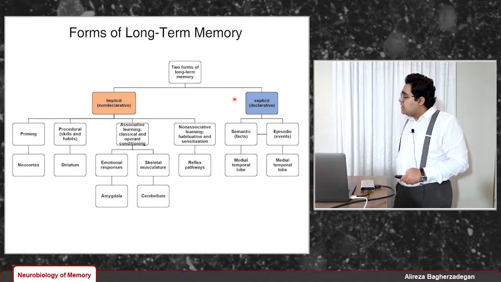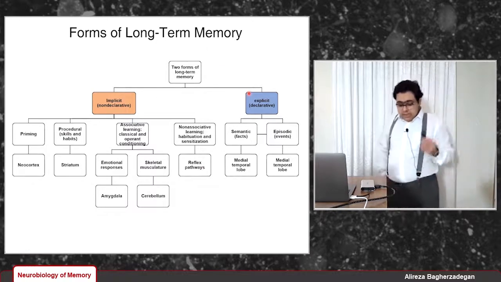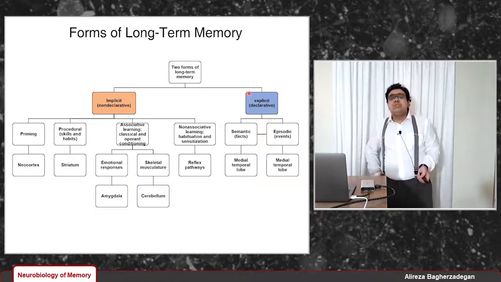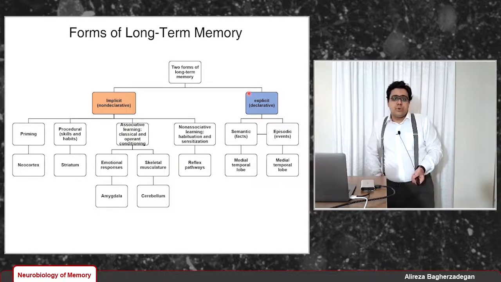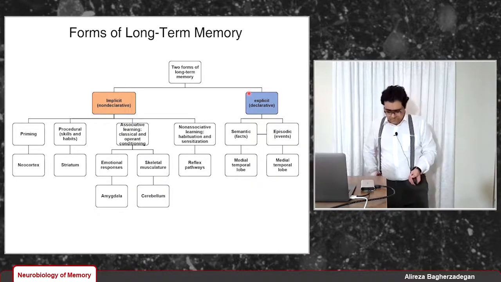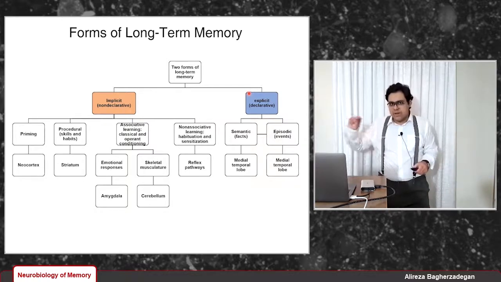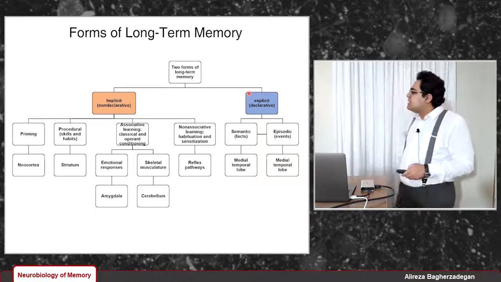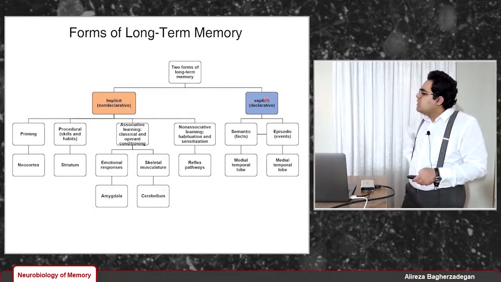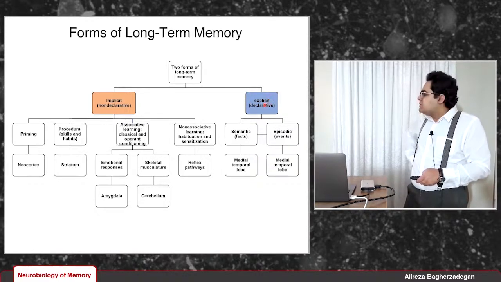Let's talk about explicit long-term memory. Explicit long-term memory is the conscious recall of information stored in your long-term memory. For example, I can consciously recall what happened at my 10th birthday. I can consciously recall and access that information. So that's what I mean by explicit memory.